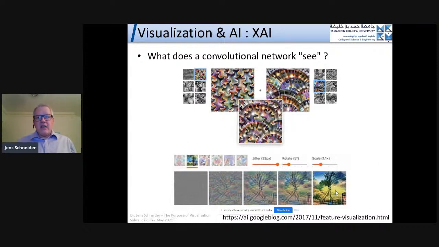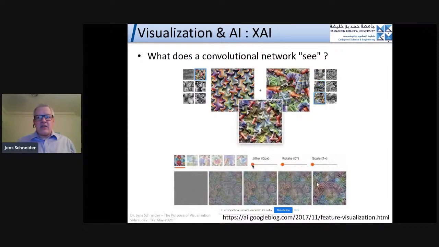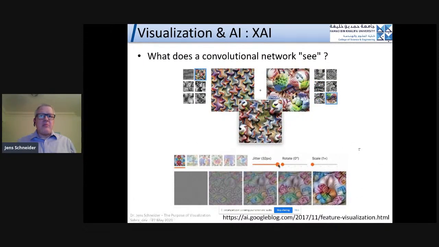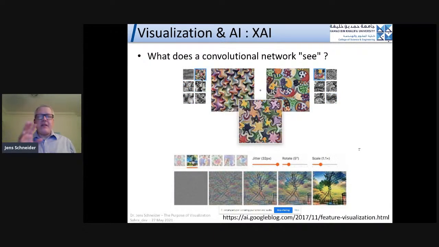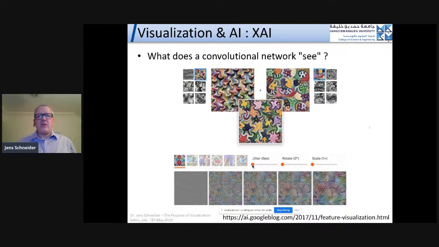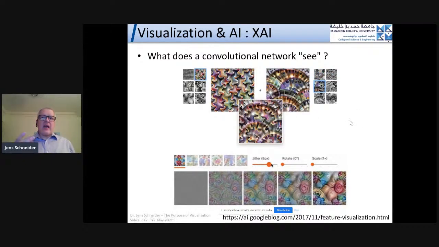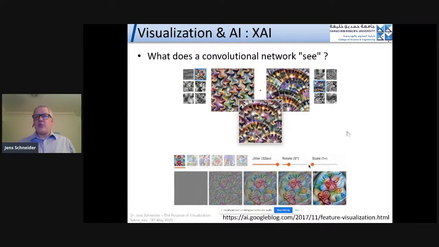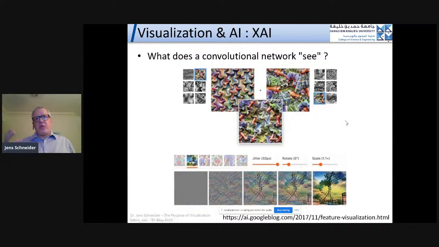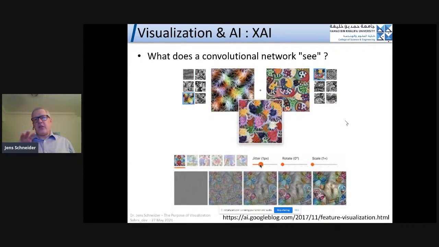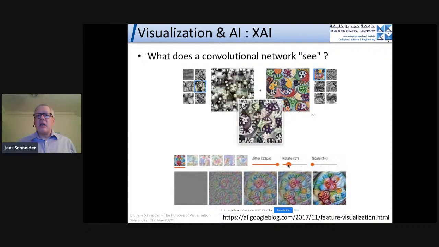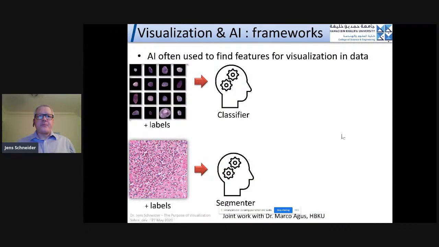And you see that these complex structures here start to resemble parts of the images in a very, very weird way. And this is called feature visualization. So this is an attempt to understand how neural networks actually work, because so far our theoretical understanding of neural networks isn't very strong and is still very incomplete.